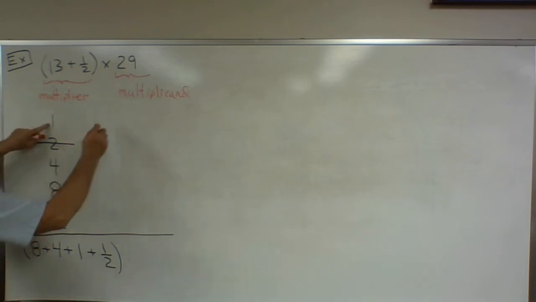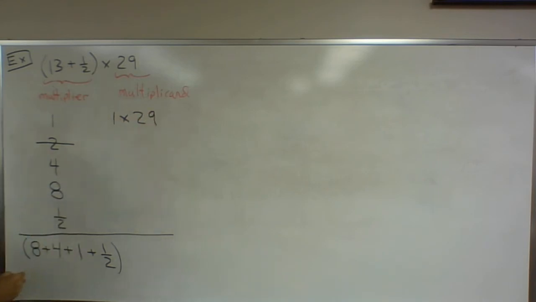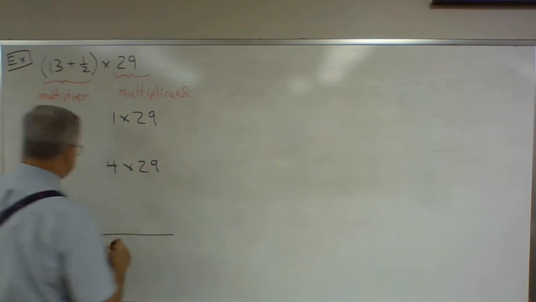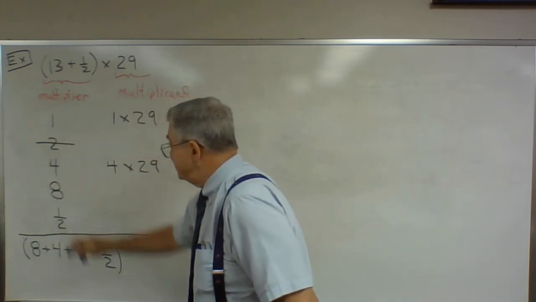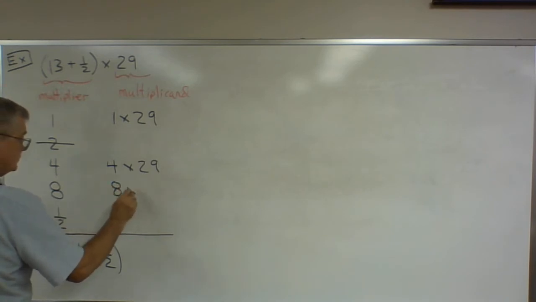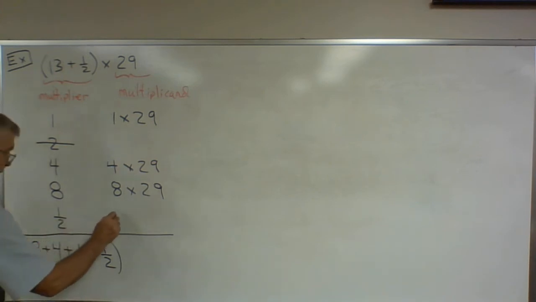So we're going to have to take 1 times 29, 4 times 29, 8 times 29, and 1/2 times 29.